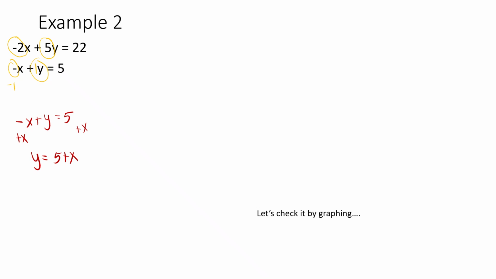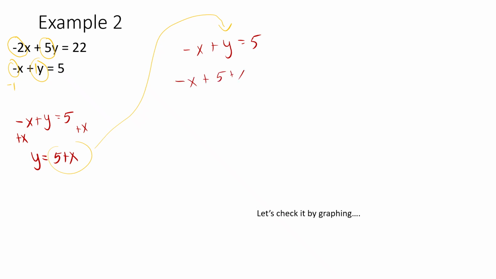Now, here is where you need to plug it into the other equation. Don't write this down, okay? If you were to plug that into the same equation that we just started with, so you're going to take the 5 plus x and substitute it in, just watch what happens, okay?